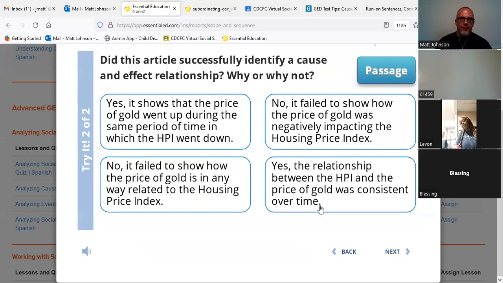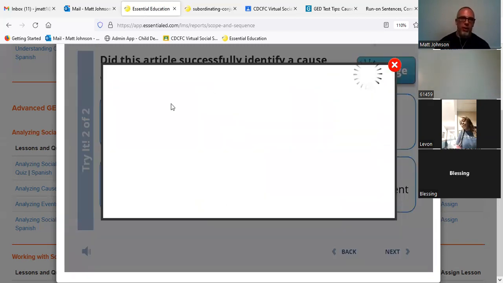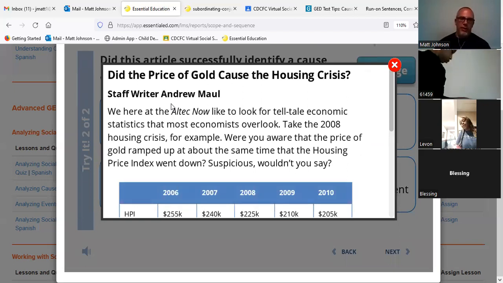This article successfully identify a cause and effect relationship. Why or why not? Right. So back to our housing price index and gold. So just looking here, right, we have the idea that the price of gold caused a housing crisis.